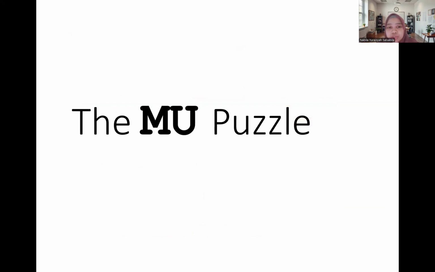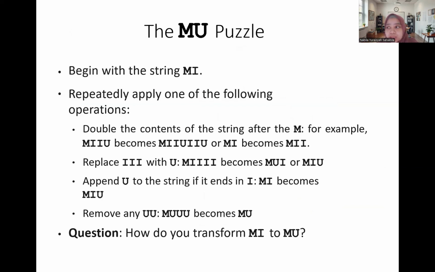Let's try to apply this mathematical induction to the MU puzzle. So what is the MU puzzle? The MU puzzle is a kind of algorithm where we start from the string MI. So what is a string? A string is a non-numerical, non-quantitative data type.